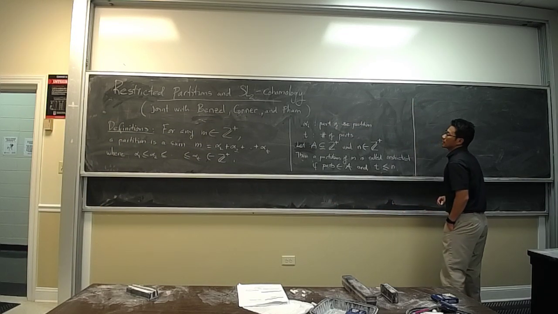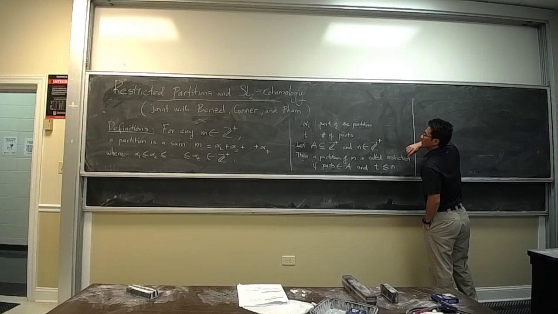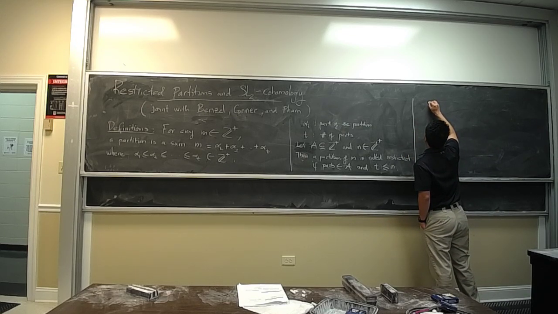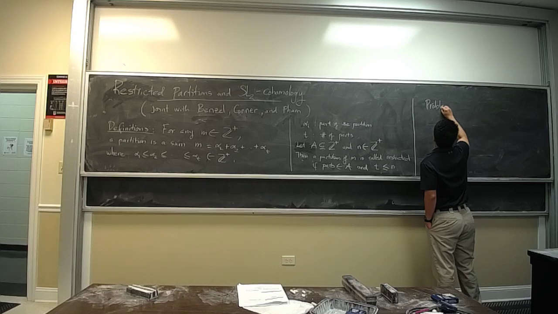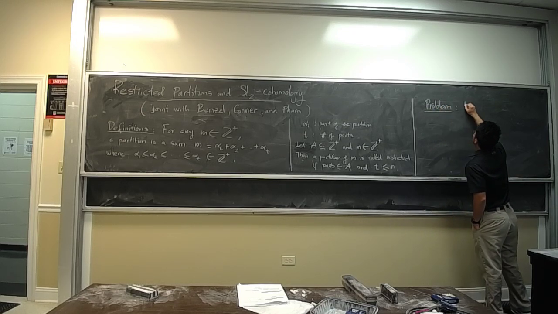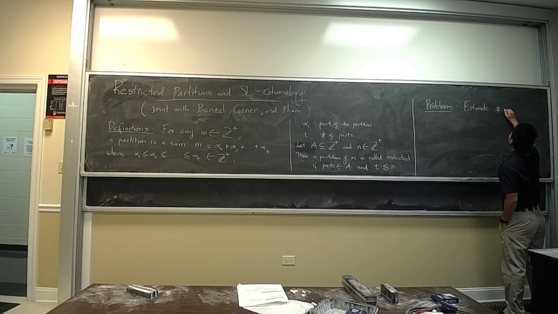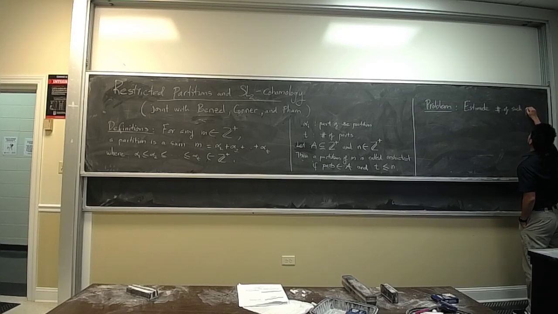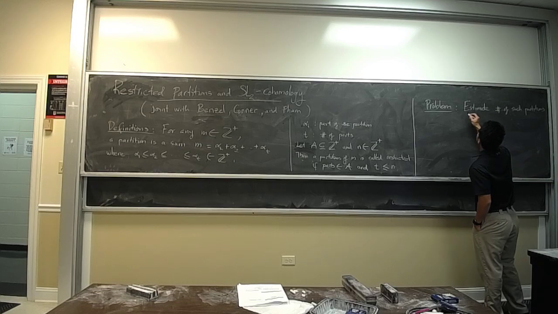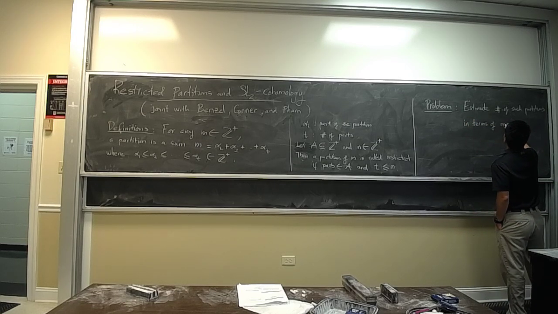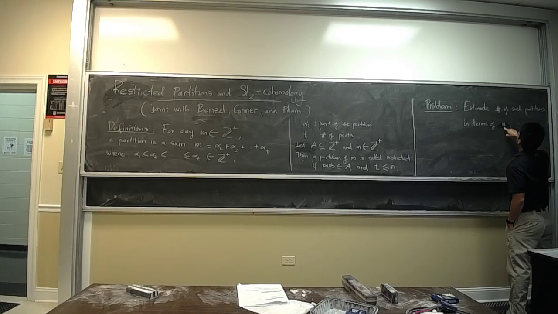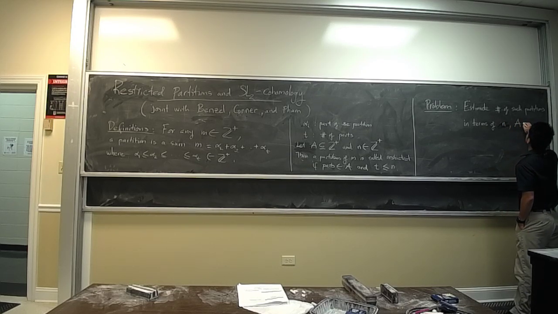One big problem about this type of partitions is as follows: how can we estimate the number of such partitions in terms of the number n and the set A?